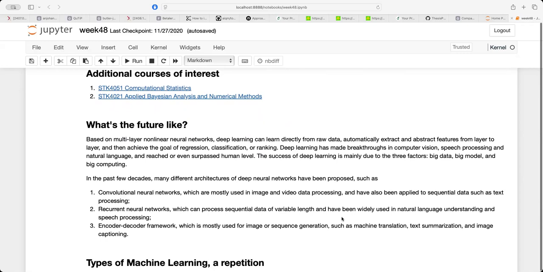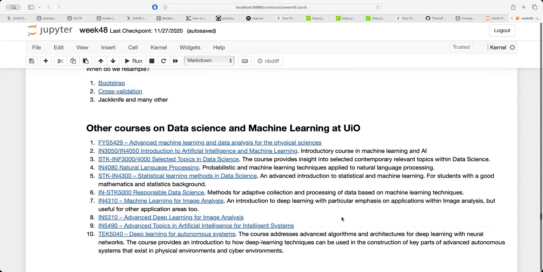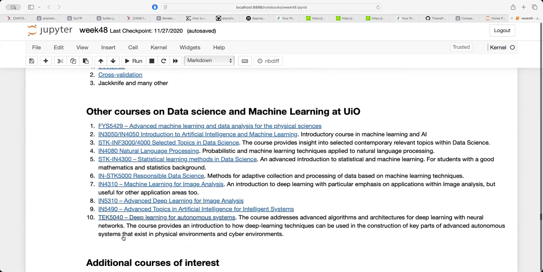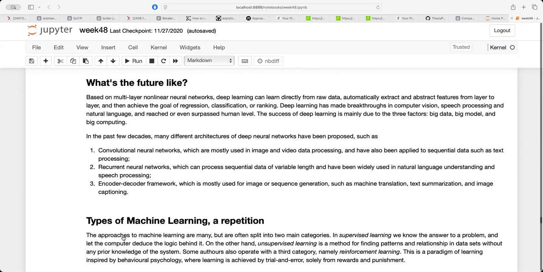So recurrent neural networks are also discussed in these advanced courses. If you look at both the Physics 5429 and this IN4310 and IN5310, and also this TEC 5040, they cover recurrent neural networks.